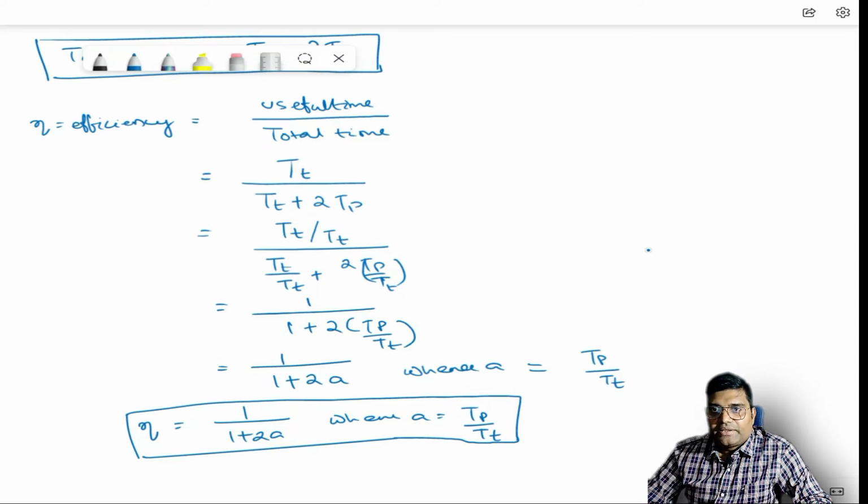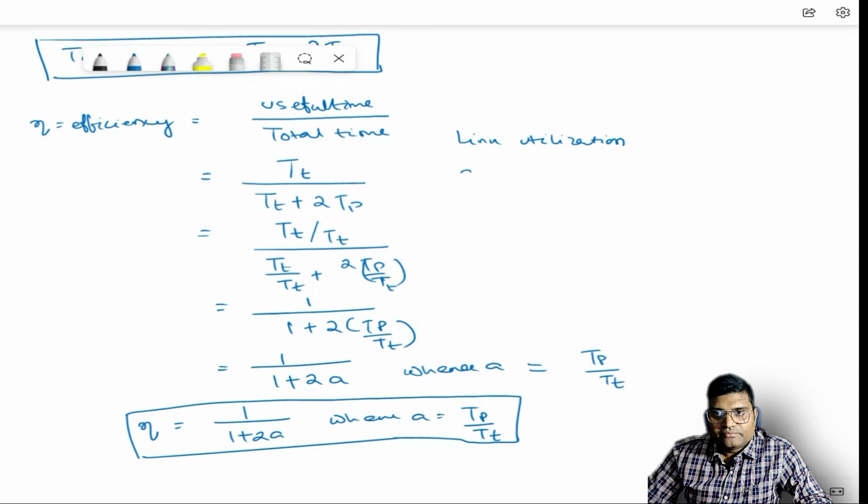Please remember that we also call efficiency link utilization, or sender utilization.